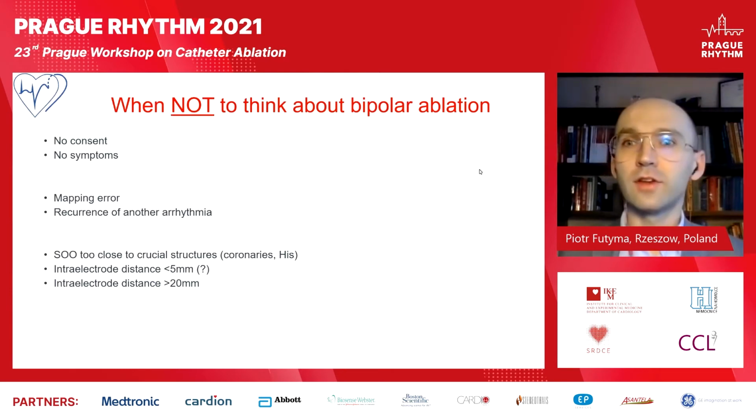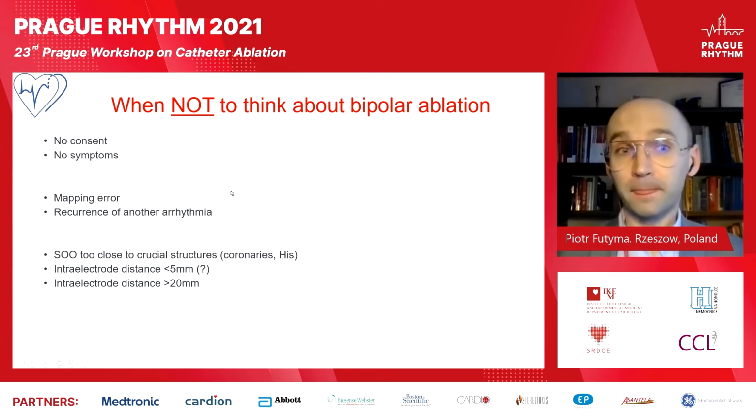So when not to think about bipolar ablation? It's difficult to offer bipolar ablation if we do not have consent from our patient, if he is asymptomatic. The pretty frequent scenario is when we experience a mapping error. So sometimes it's really better to do remapping to map another structure, to use some kind of maneuver to reach the target.